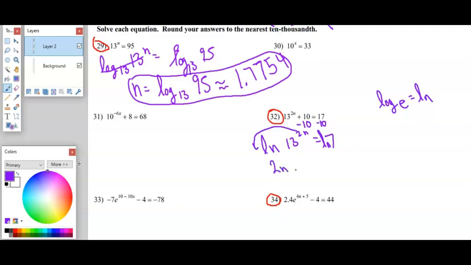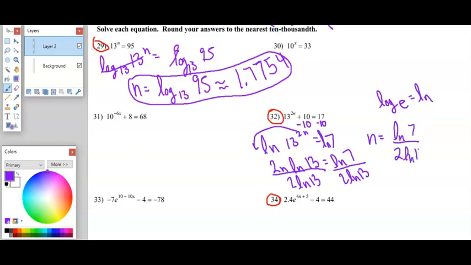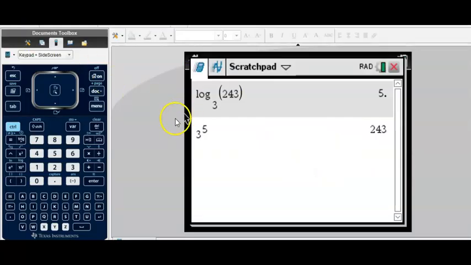From there, we'll move the exponent to the front. So 2n ln of 13 equals ln of 7. Divide each side by 2 ln 13. And then we have n equals ln of 7 over 2 ln of 13. And then we would put that in the calculator and approximate it.